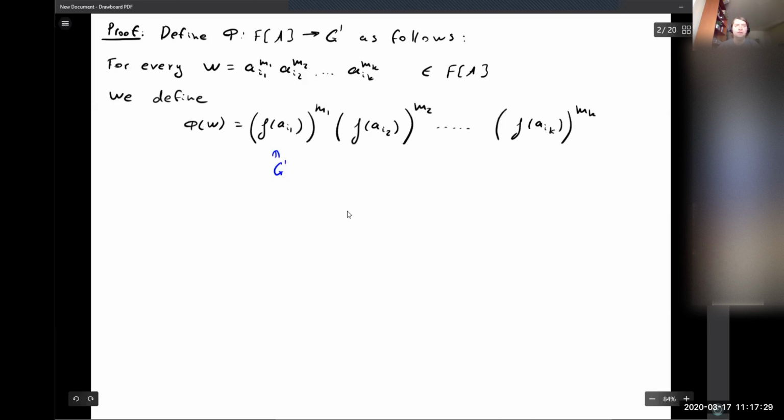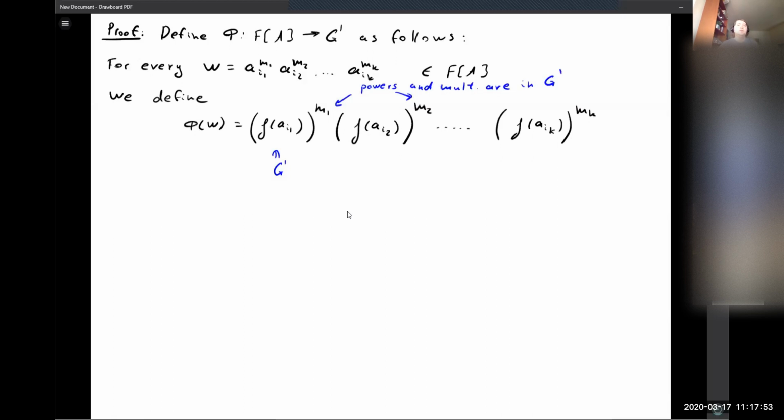Now the thing to note here is that powers and multiplication are in G prime. So we just, because it's a group, we can take powers of elements, we can multiply them.